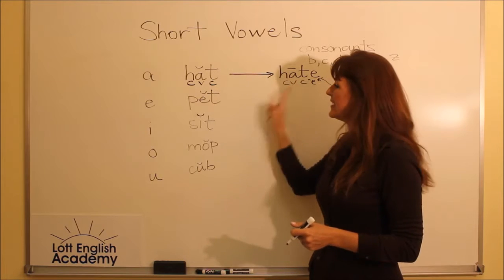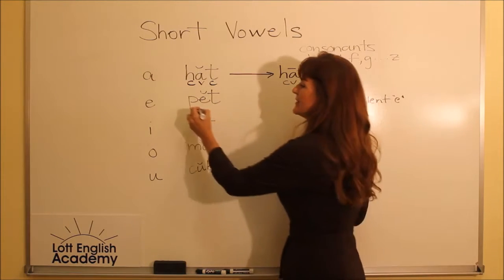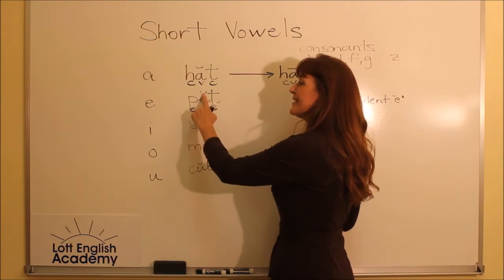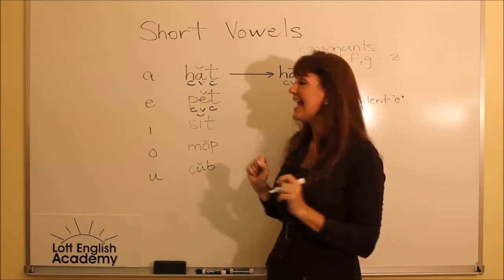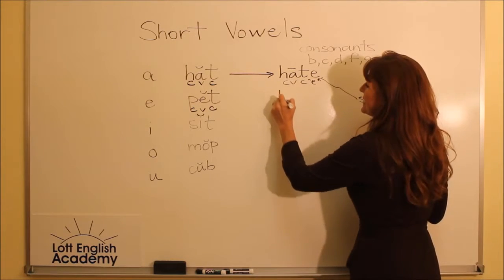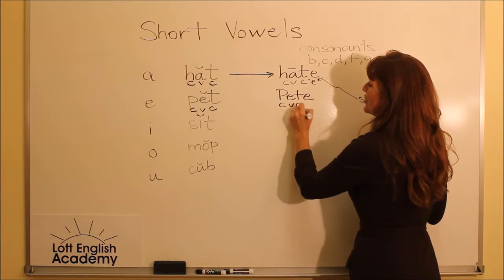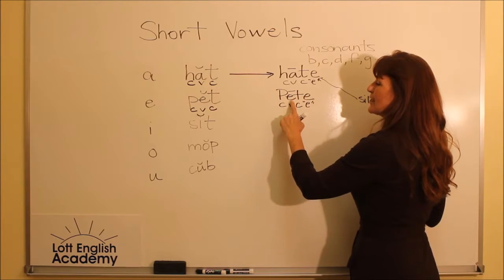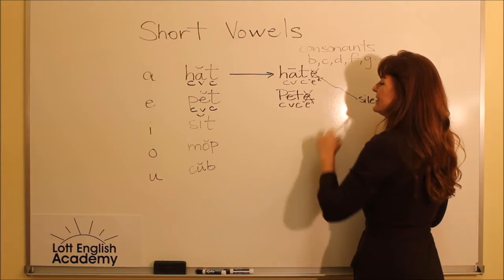So hat changes to hate. Let's look at this word. P-E-T, consonant, vowel, consonant. Because it's consonant, vowel, consonant, it's a short E. But if we add an E to the end, it becomes a man's name. Consonant, vowel, consonant plus E. Now this is a long E, silent E at the end.